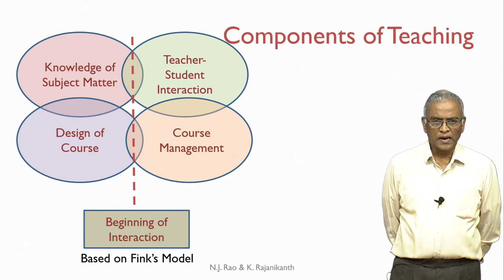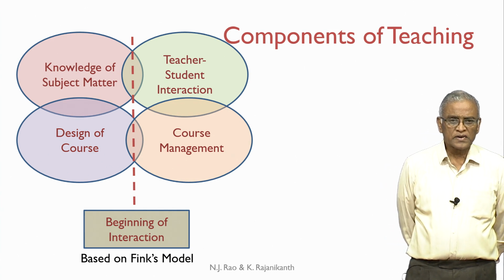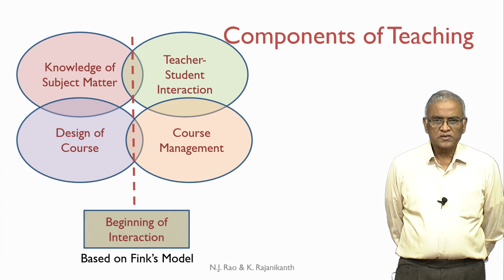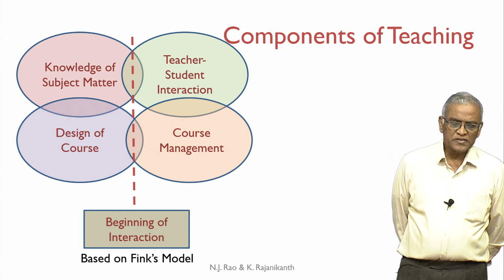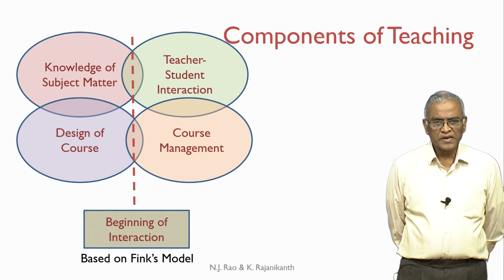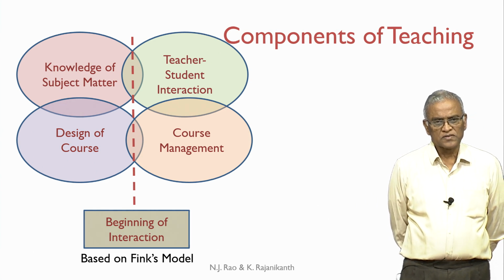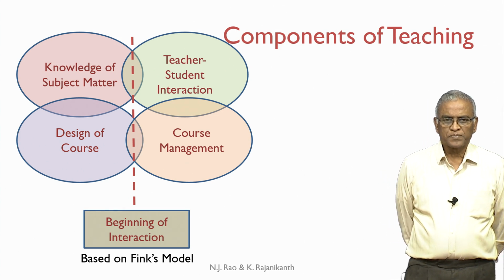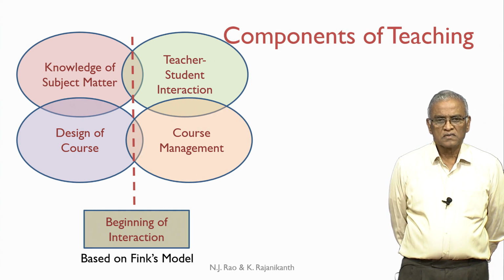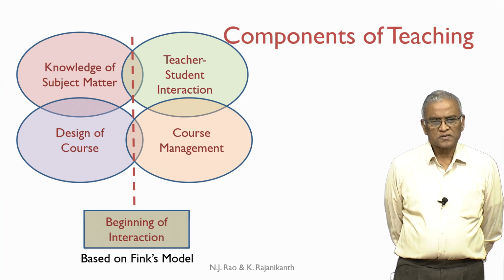There is certain overlap, and also the vertical line represents the activities that need to be done on the left side prior to the actual start of the course, and there is a beginning of instruction or interaction with the students, and the right side presents the kind of components that play a major role during the course. Now, let us look at these four components.